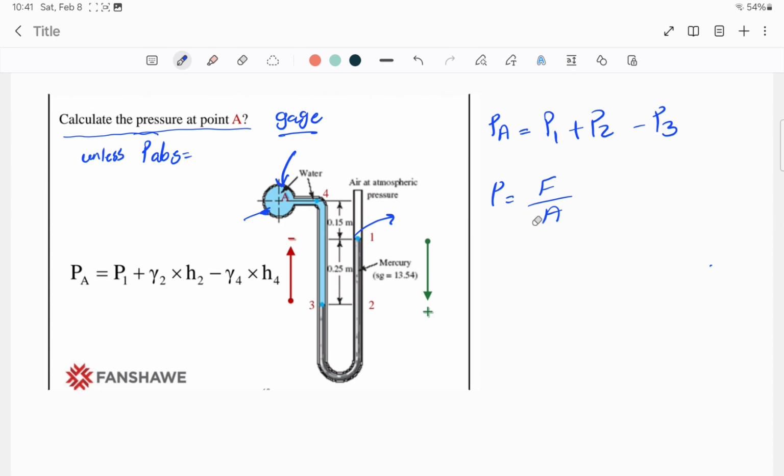It can also be density times gravity times H. The other equation is P equals the specific weight of the fluid times H. So basically, this equals this, but not all the time, I'll show you why later. Basically, rho density times gravity equals specific weight.